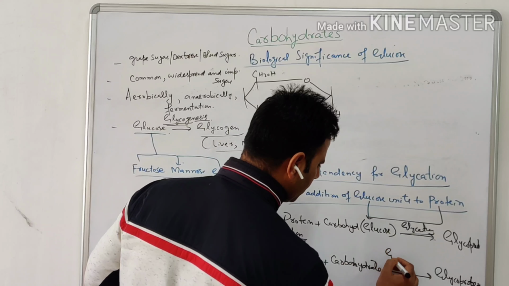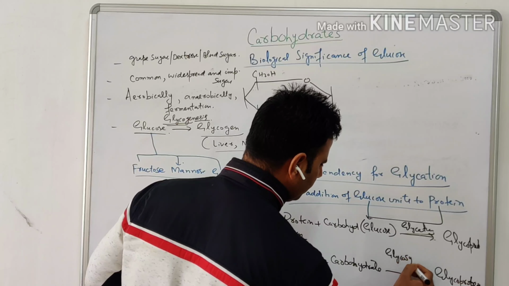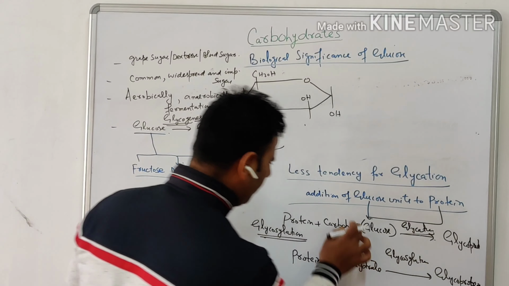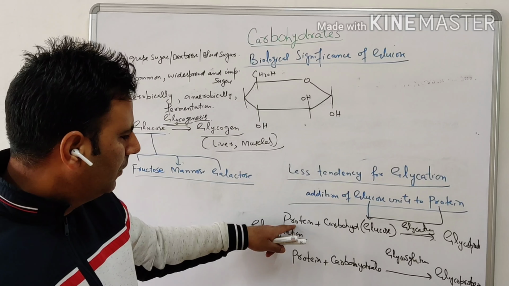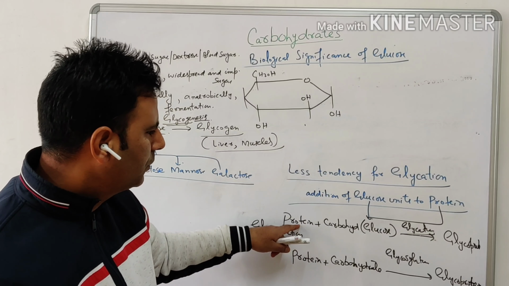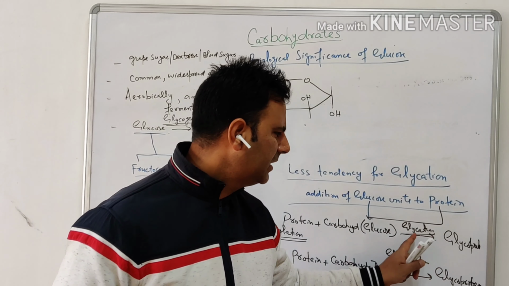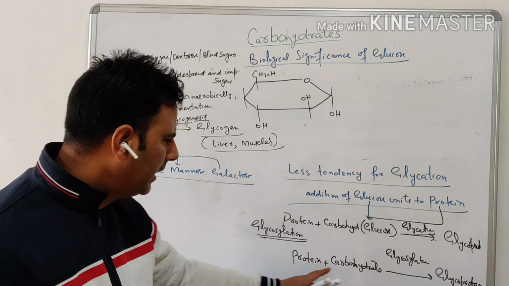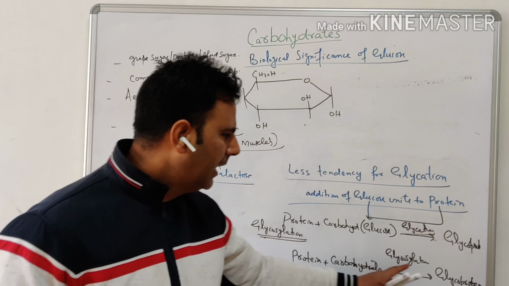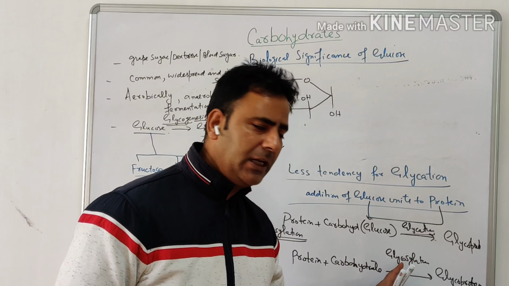The same process I have represented just above. When there is addition of carbohydrate to the protein, it forms glycoproteins. It is known as glycation. And I am telling something else here: when there is addition of carbohydrate to the protein and it forms glycoprotein, it is known as glycosylation.